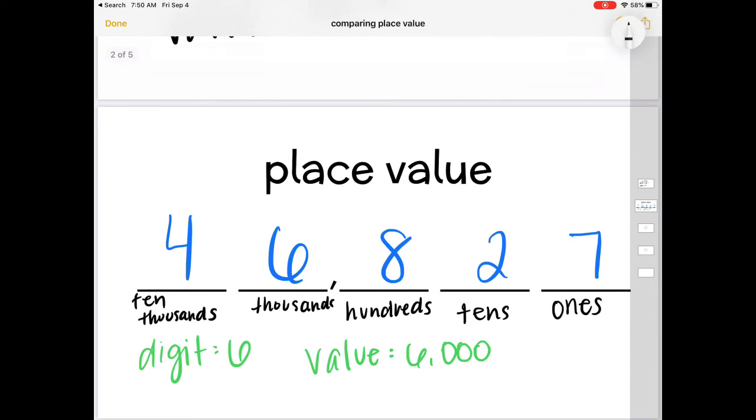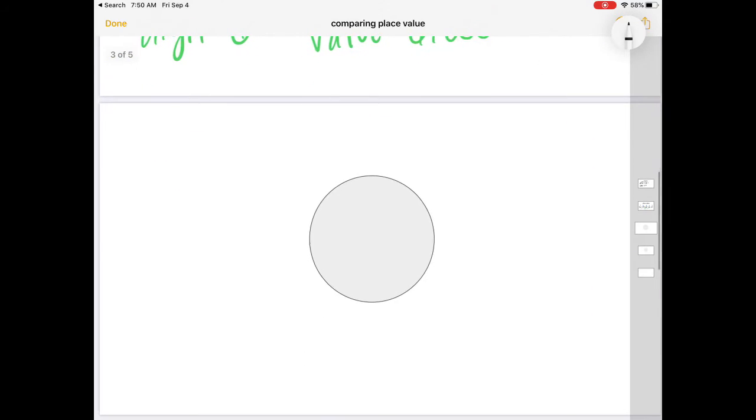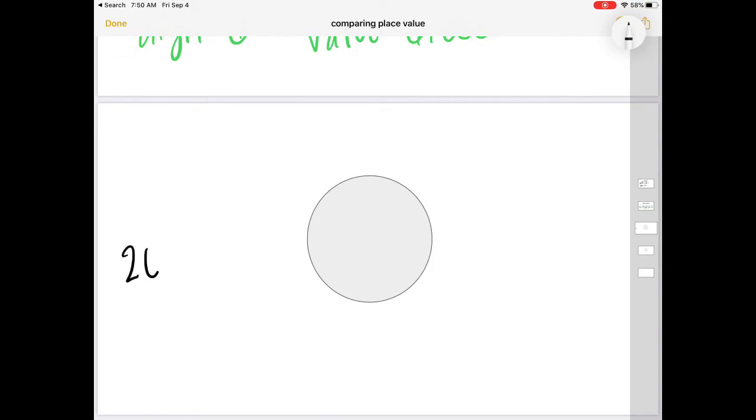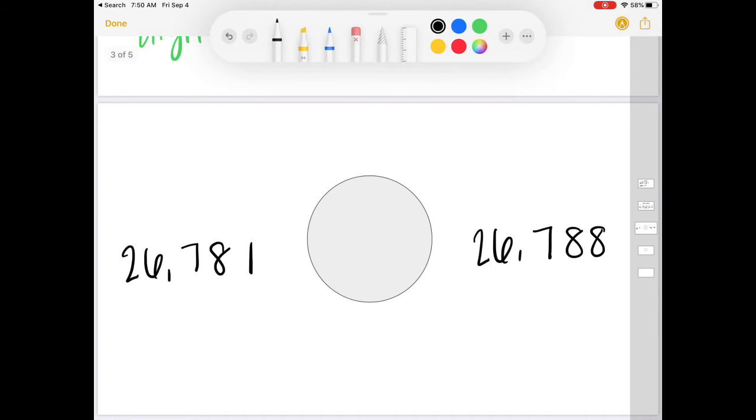We're going to practice comparing a few larger numbers together before you take your quiz today. So if I have the number 26,781 and 26,788, I'm going to look at my place values. I'm going to label them and underline them all.